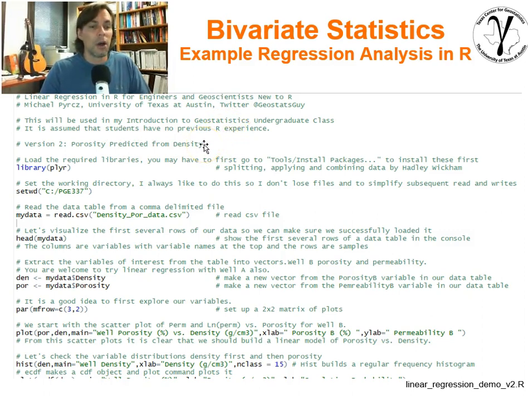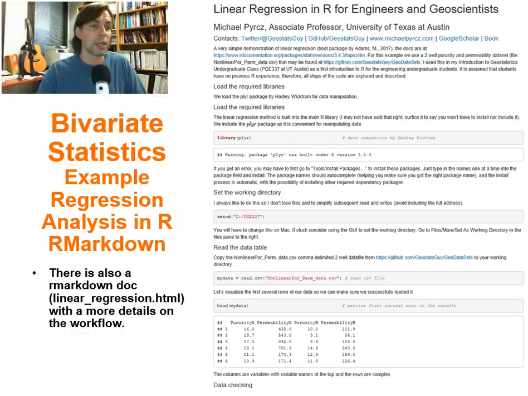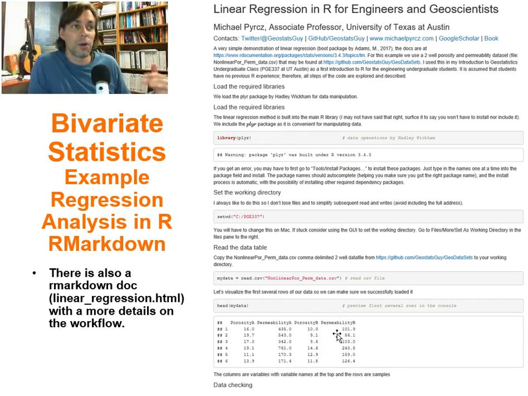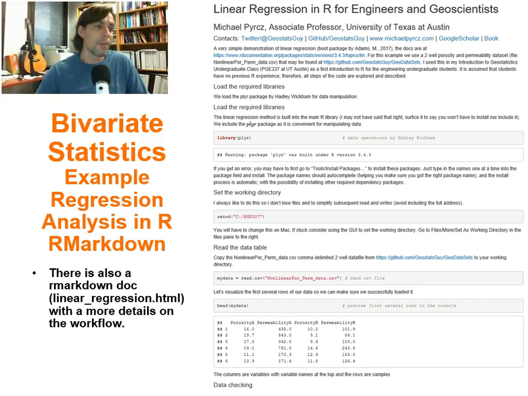These files, linear regression demo version 2, R markdown and HTML, are all available on GitHub if you want to check them out. And so the workflow in the HTML, which is the knit R markdown, is shown right here, and you can step through it. It has all the steps of linear regression, including all of that stuff around hypothesis testing of the coefficients, confidence intervals, prediction intervals, and so forth.